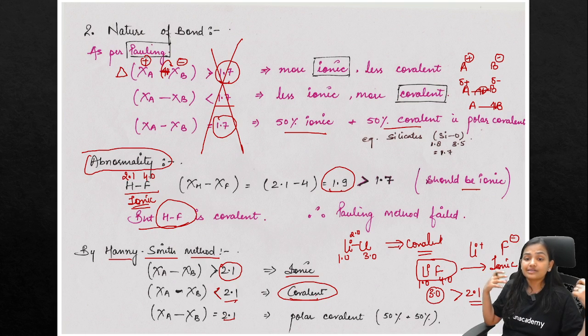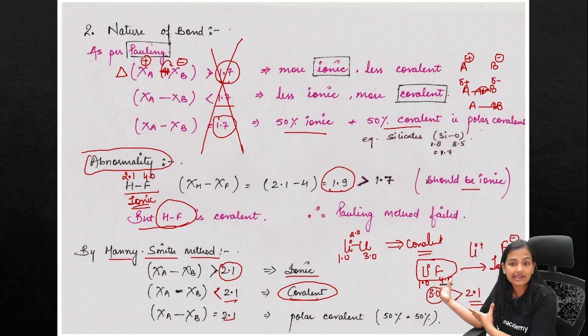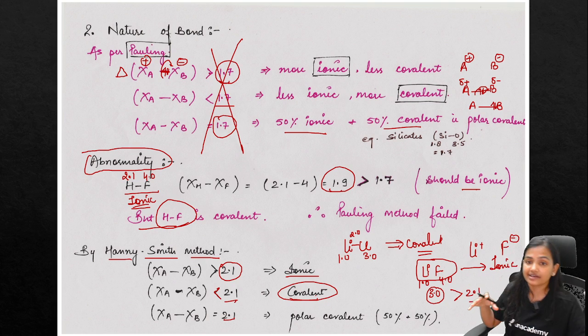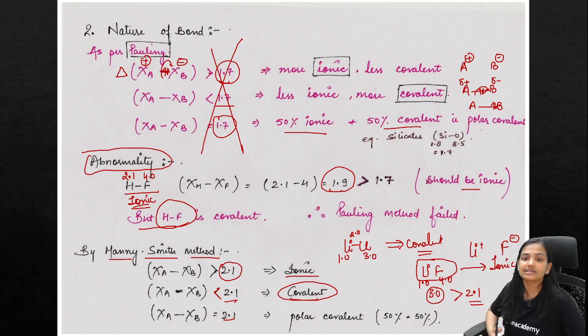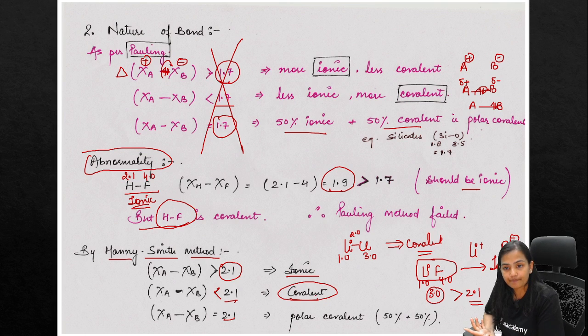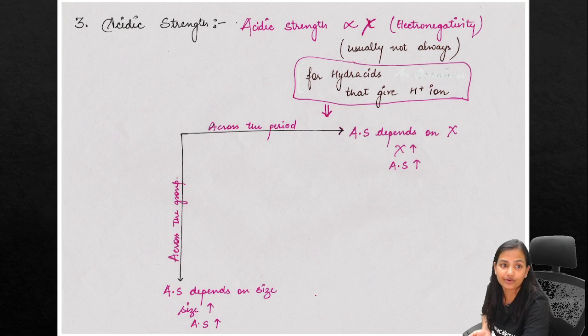There could be more ionic character or more covalent character. If there is more ionic character, a compound is said to be ionic in nature. If there is a higher percentage of covalent character, a molecule is said to be covalent in nature. It's just what is greater, and in pure form they cannot be ionic or covalent.